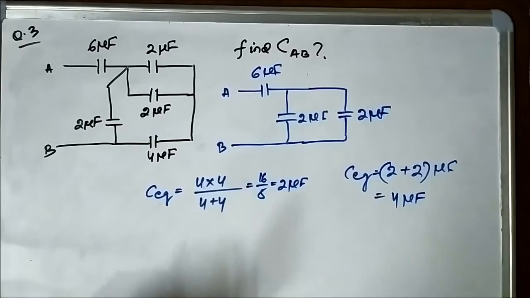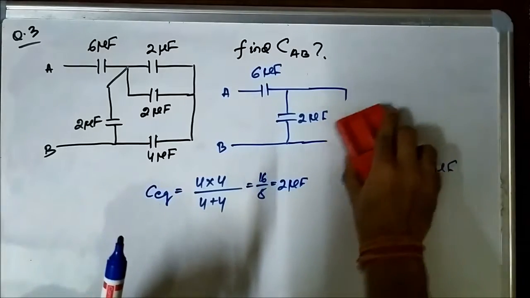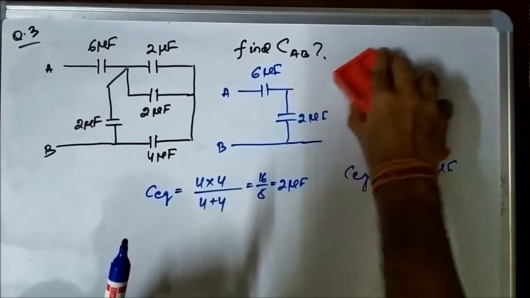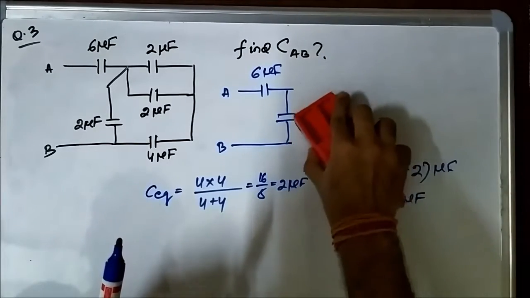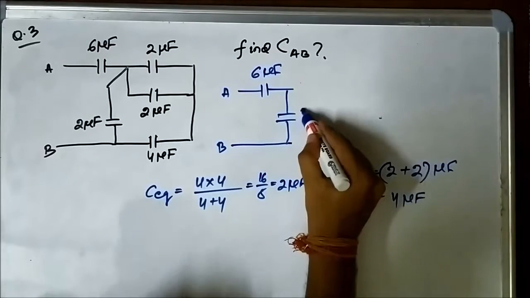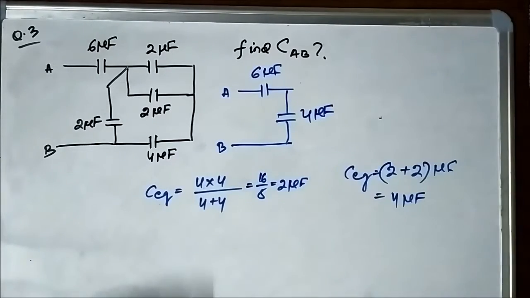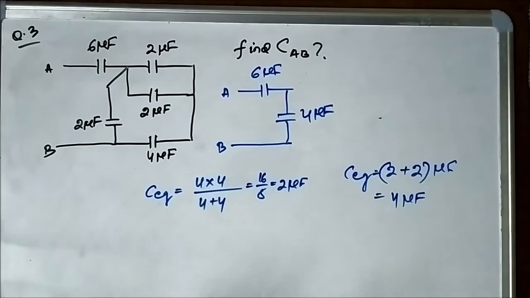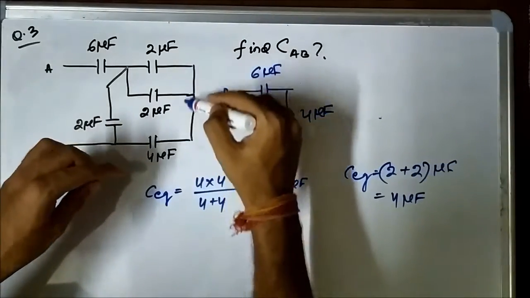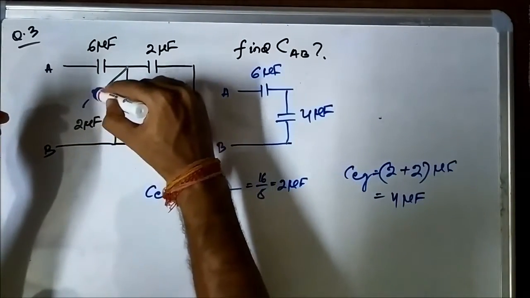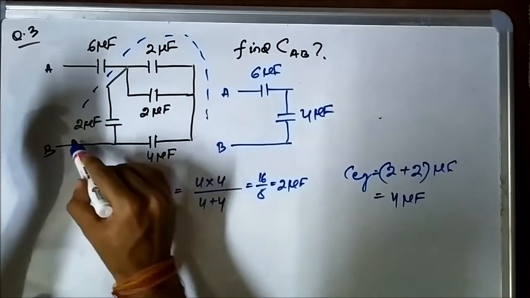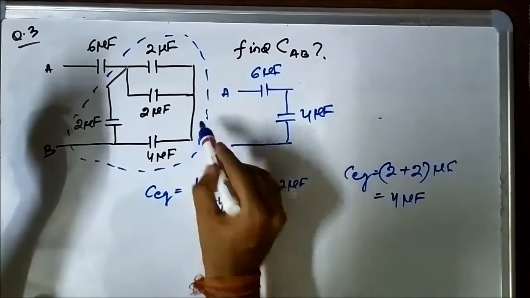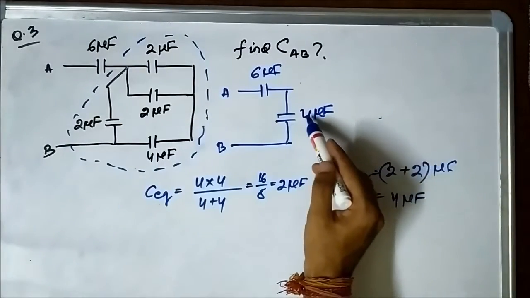So let us reduce it down again. It will be 4 microfarad. Now across the points A and B, we have the 6 microfarad capacitor and this 4 microfarad capacitor. Just look here: we have reduced this much portion of the circuit, the blue highlighted portion, by simplifying step by step until we found its equivalent capacitance to be 4 microfarad.